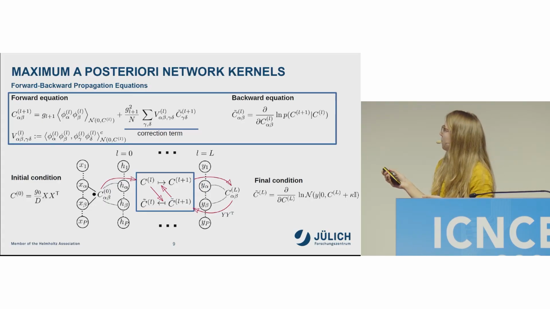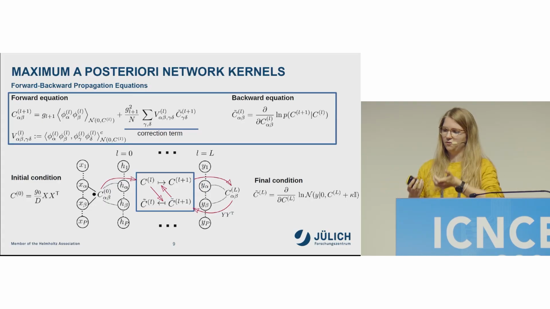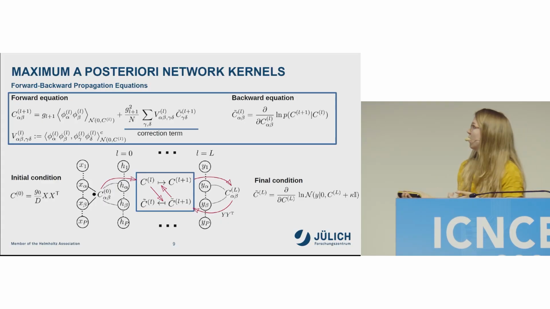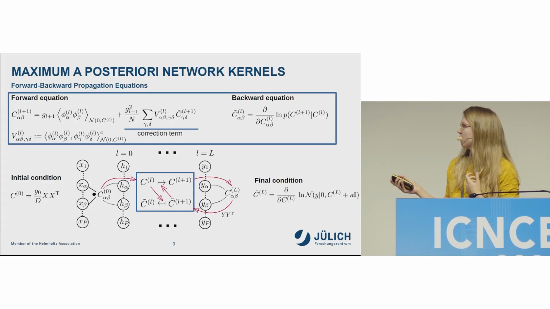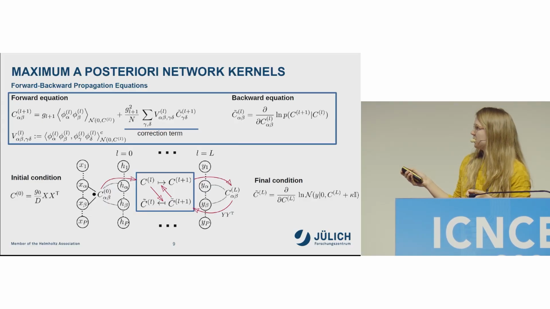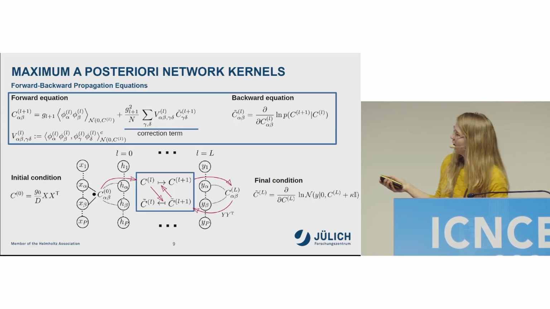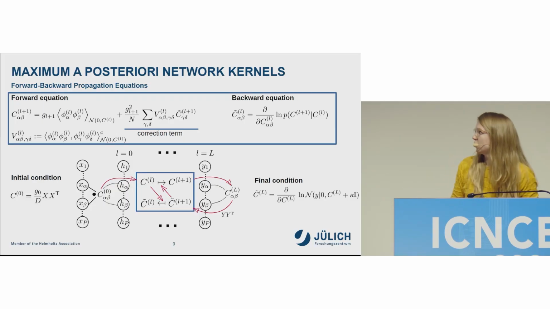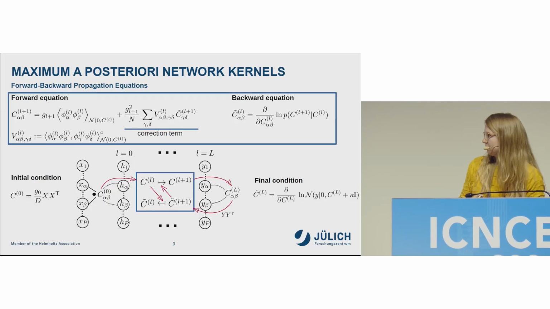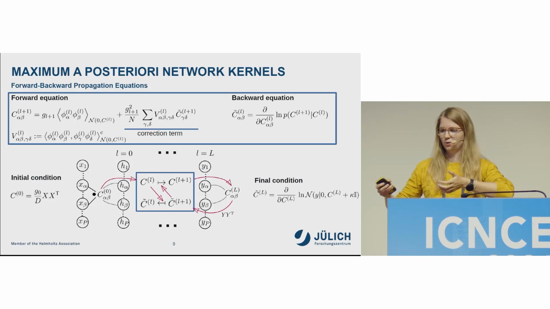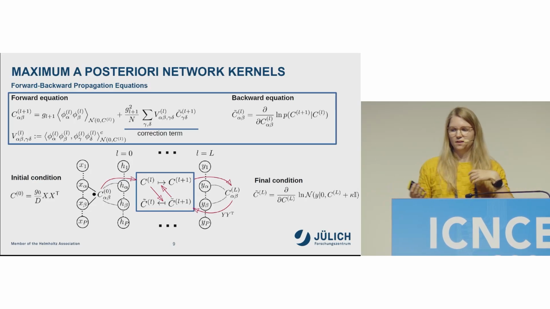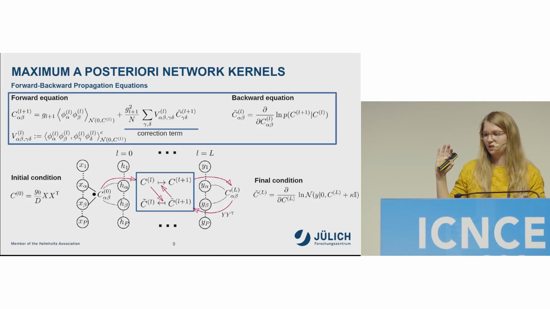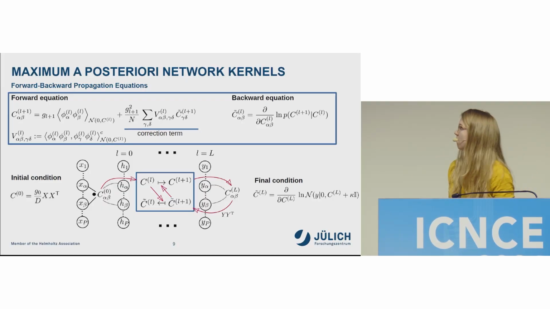And this can also be seen as an error measure between the kernel that we currently have and the kernel YY transpose that we're trying to map to. And then this information is again propagated, and most importantly here we have an interaction between these two equations. And basically due to this interaction, what we can describe is this input-output relation between inputs X and labels Y that we want to capture.